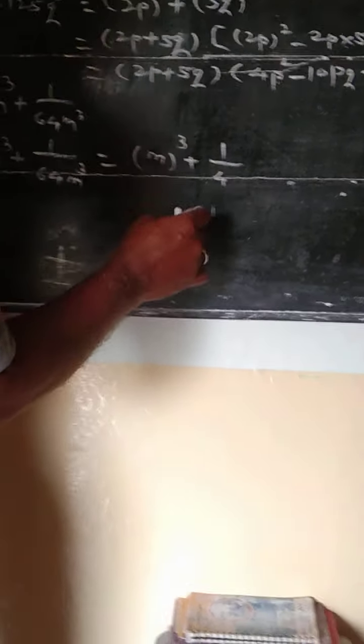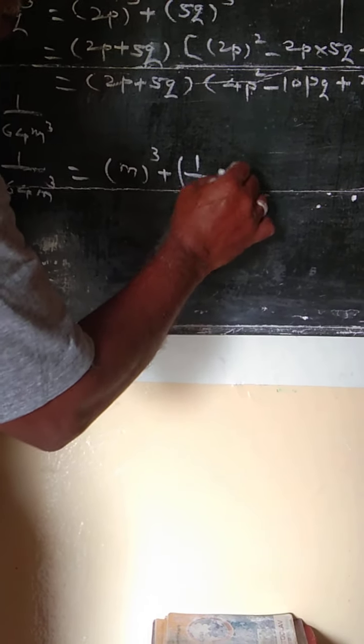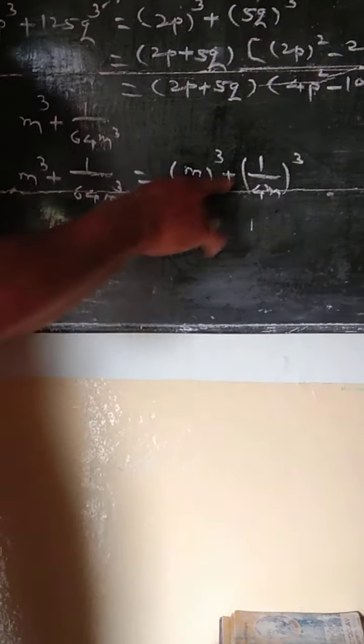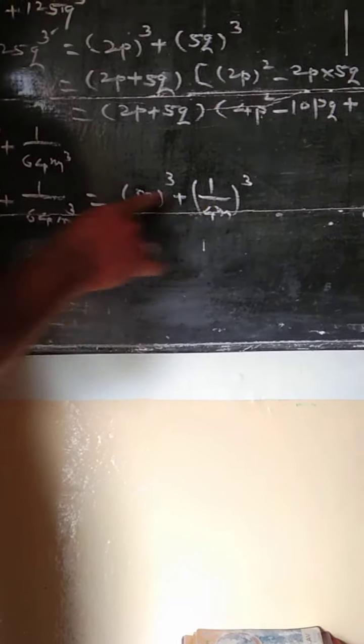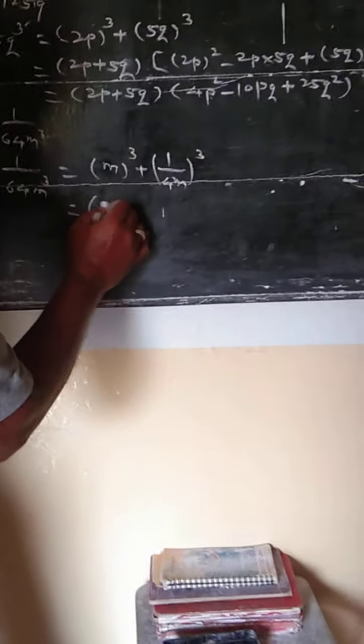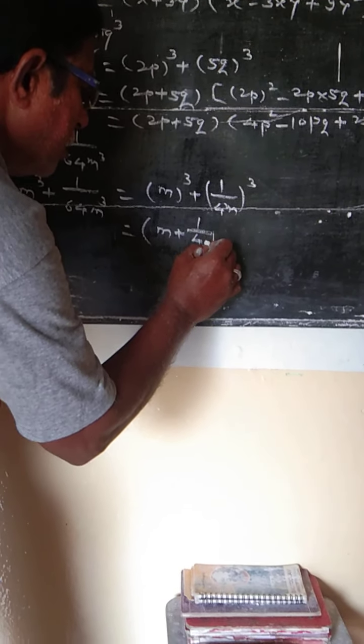The first bracket is m plus 1 upon 4, the sum of the cube roots.